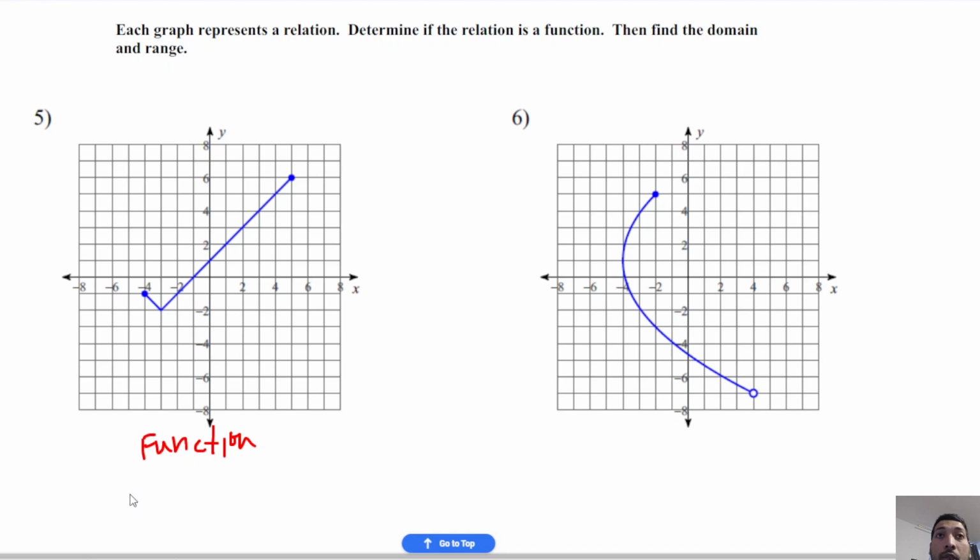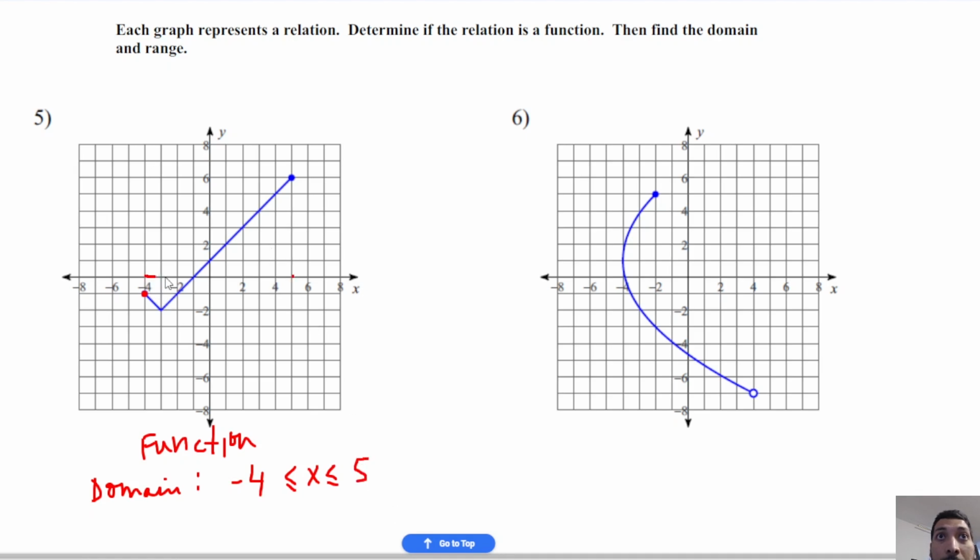Now to determine the domain, we look at the lowest value right here. In this case, we can see that there is no arrow right here. This is a closed dot, which means that the starting value is right at -4 and is going all the way to the highest value, which is +5 right here.